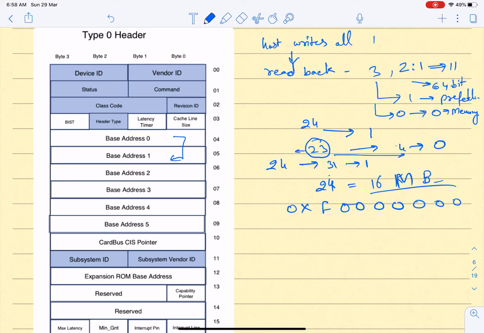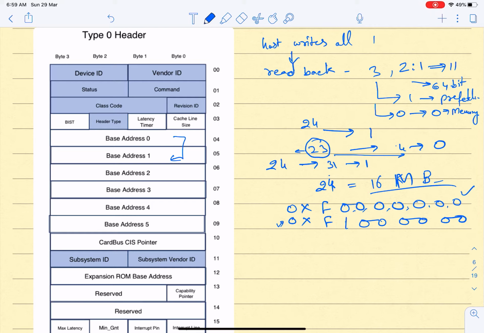It is saying that the base address of this particular memory range is this, and up to what address it should go. I'm just talking about the lower 32 bits at present. It should go up to the 24th bit should be 1. Counting 3, 7, 11, 15, 19, 23, the 24th bit should be 1. Then it should come as 1. And this is the lower 32 bits of base address. This is the lower 32 bits of upper address.